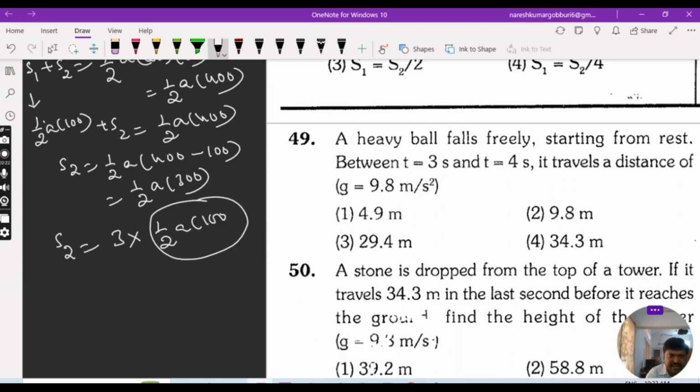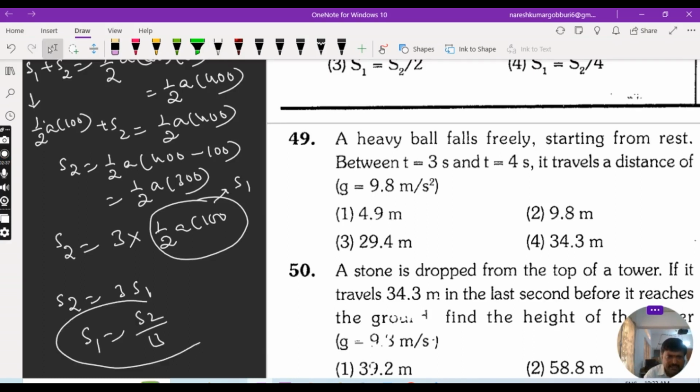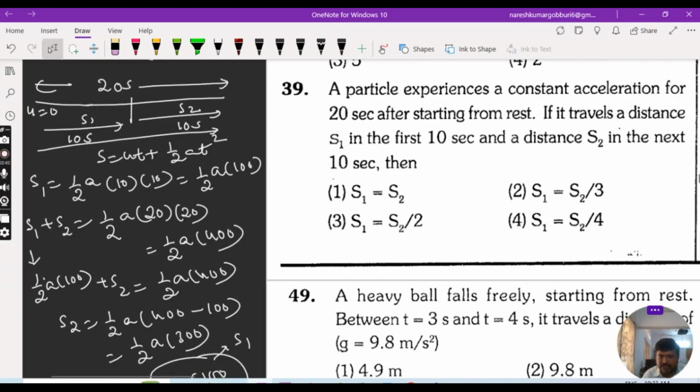In the place of half a 100, we can write S1. From this, S2 equal to 3S1. Otherwise S1 is equal to S2 by 3. So option 2 is the right answer.